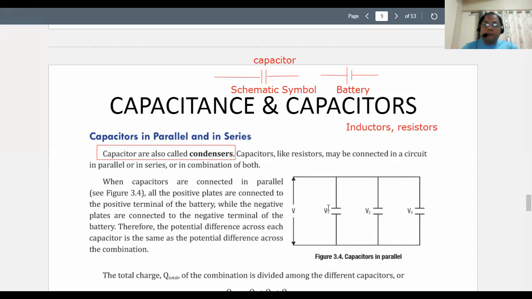Now, on this left side, we attach, for example, a battery. Let's cover this. Sorry. So let's put a battery here.